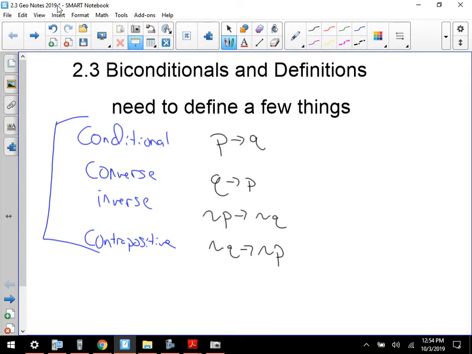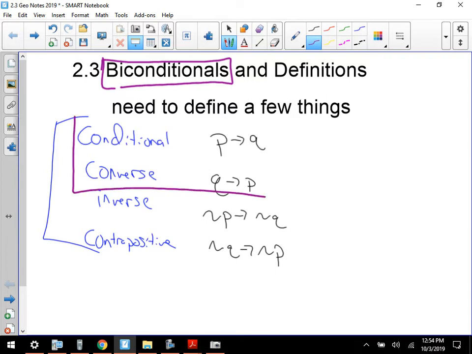What we worry about, though, is this term called biconditional. It basically means that if these two are both true, it's a biconditional statement.